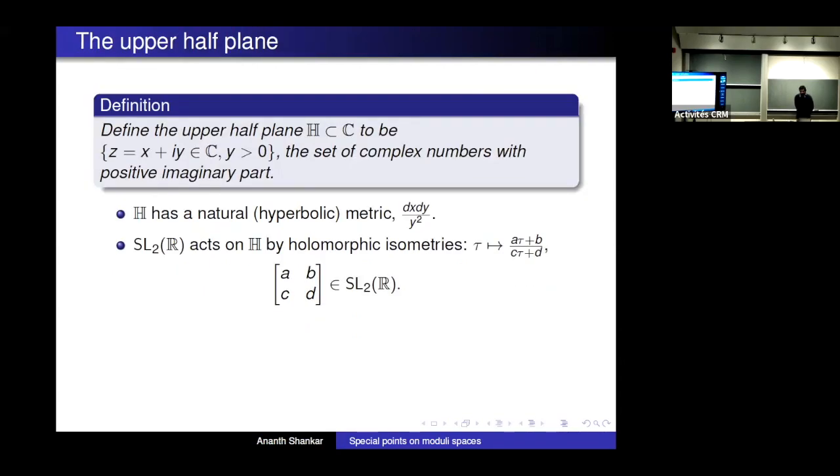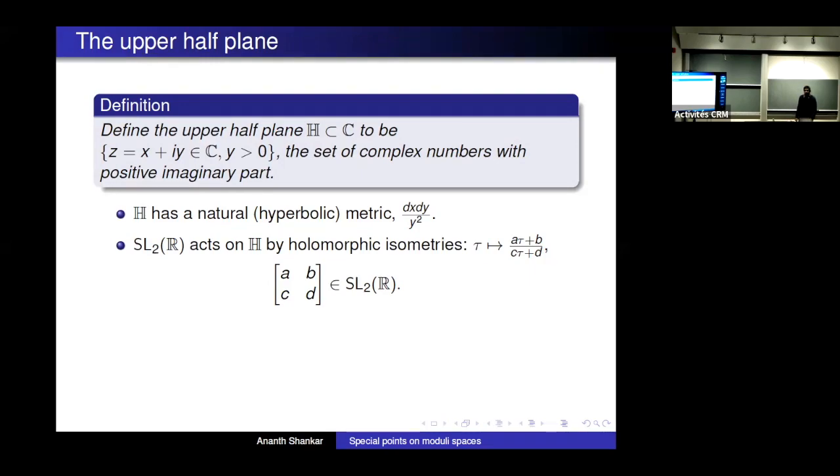Let's define the upper half plane to be the set of all complex numbers with positive imaginary part. This is not just a subset of C, it also carries a natural hyperbolic metric. Now you can ask for the group of holomorphic isometries of this upper half plane. In fact, SL2R acts on H by holomorphic isometries, namely by fractional linear transformations.